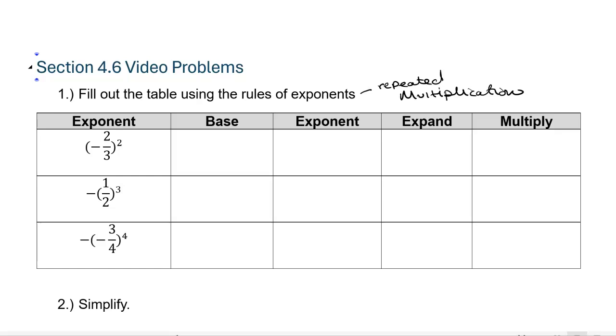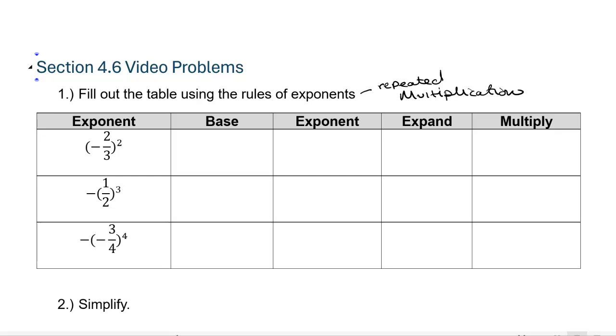All right, so as we've talked about exponents before, the first thing that we have to do is identify the base, because that tells us the value that the exponent is applied to. The question of whether something is included in parentheses or not is critical still.